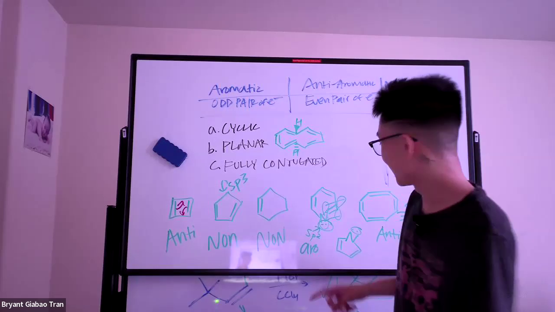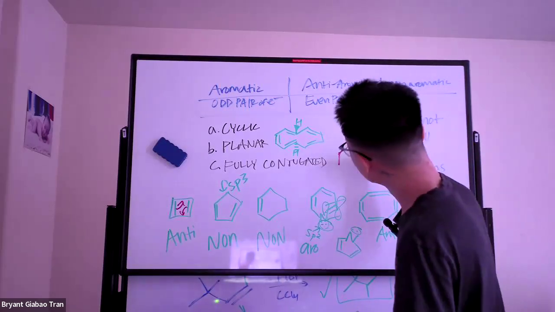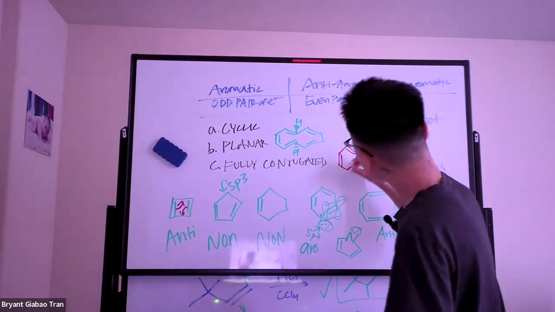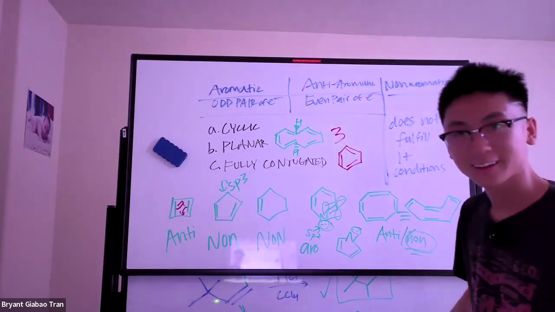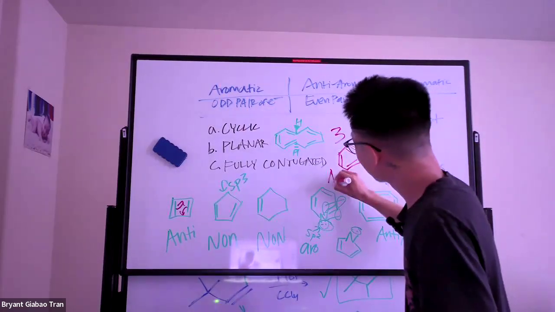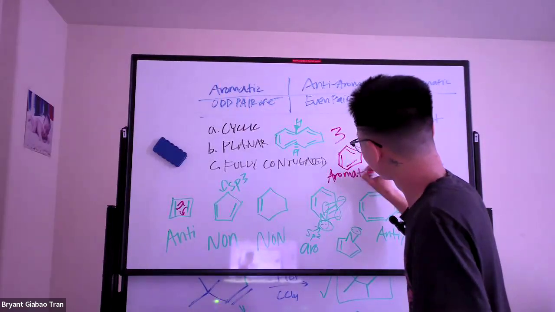Something like this, let's say a benzene ring. How many pairs of electrons are in that benzene ring that can do resonance? 3. And is that an odd pair or even pair? That's odd, right? Which makes it aromatic. Just like this pyridine here, right?